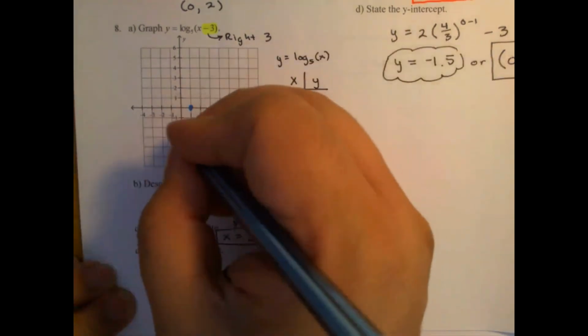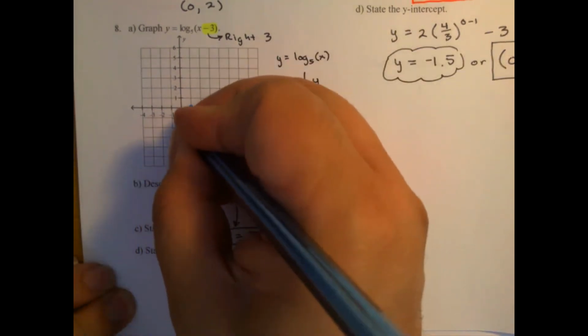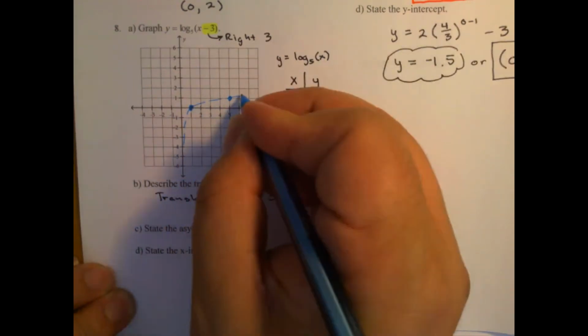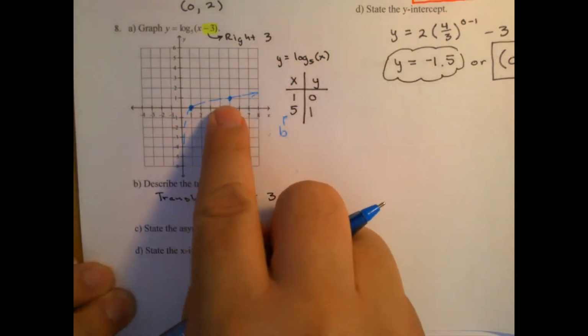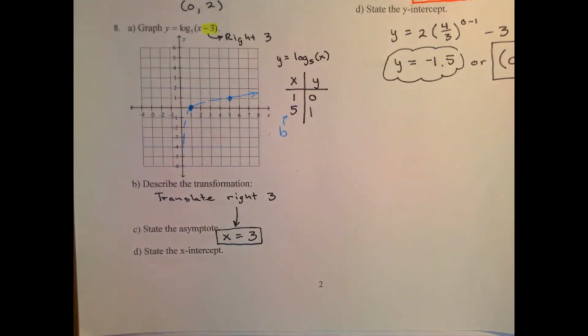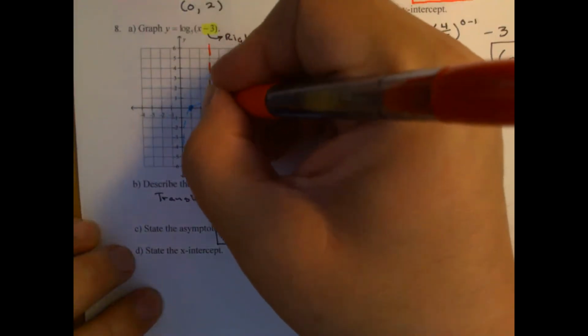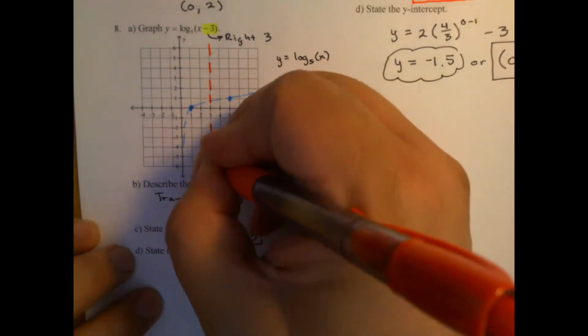And yes, this is going to be kind of like growth. But notice how it makes that very sharp turn, because it can't go up really quickly because it has to touch that point there. And now this is where we get to move everything to the right 3 spaces. So here comes the brand new asymptote right at the number 3. There's the asymptote.